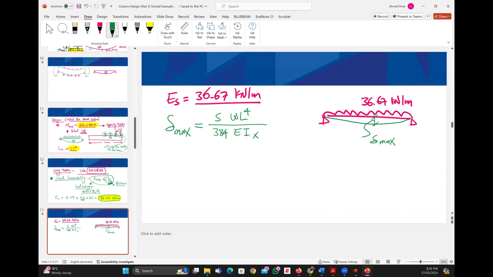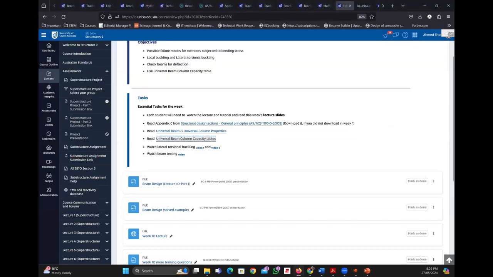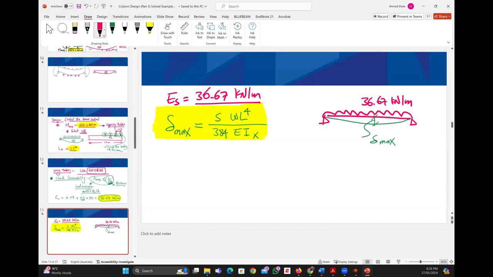Have you seen this formula before? Yes, it is in the slides for beam design, and this is the formula to calculate the maximum deflection. What are the parameters of this formula? 5 and 384 are constants. W is the UDL. L is the beam span. E is the modulus of elasticity of steel.